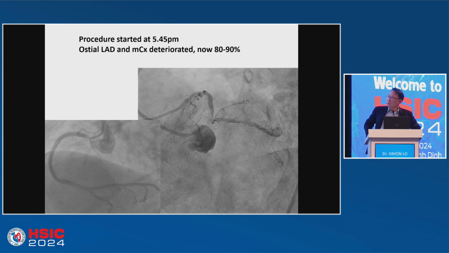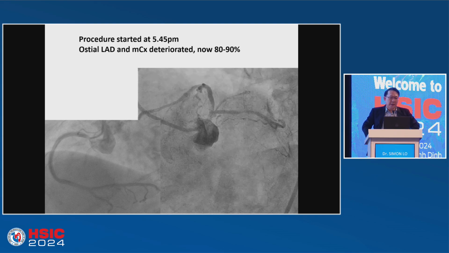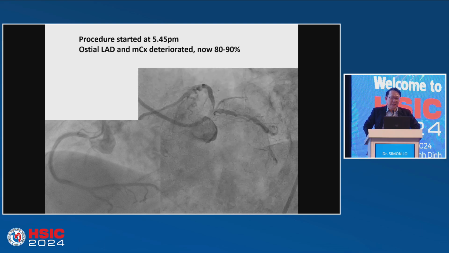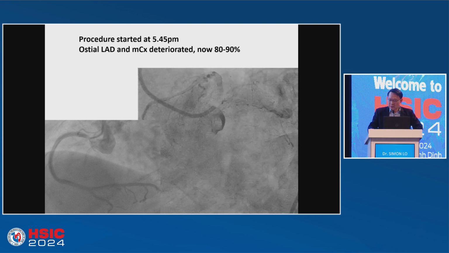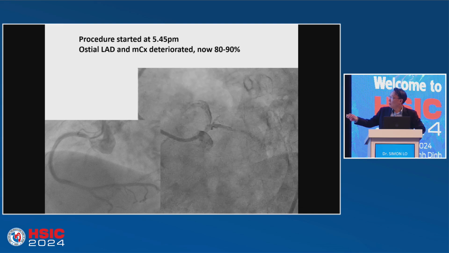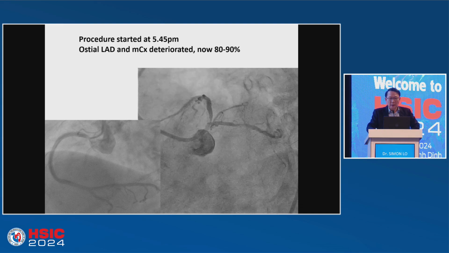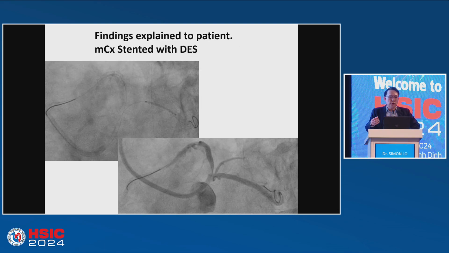I started this procedure after clinic at 5:45 p.m. You can see here she clearly has ostial LAD disease, and the mid-circumflex disease has deteriorated, just before her previous circumflex stent. So the circumflex was promptly treated, okay, after I explained all the features and findings to the patient.